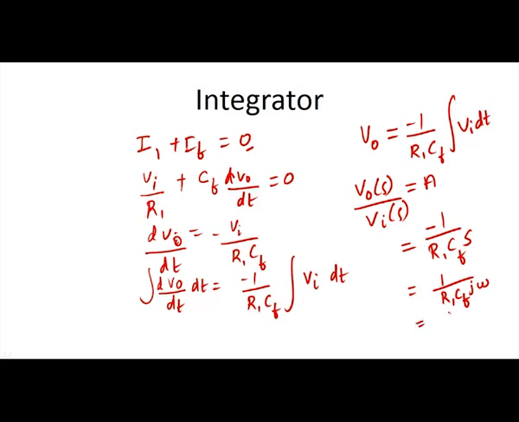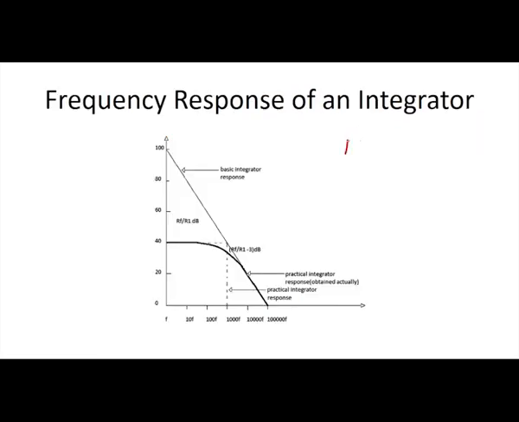After substituting, 1 by R1 CF j 2 pi f, this equation gives you A is equal to minus 1 by j R1 CF 2 pi f.